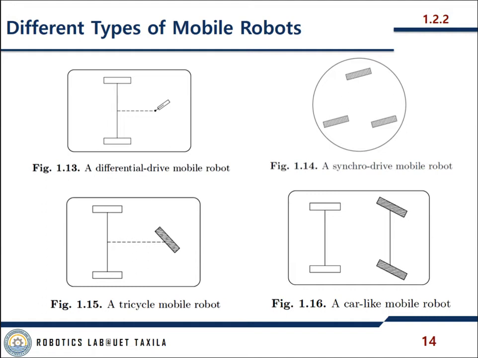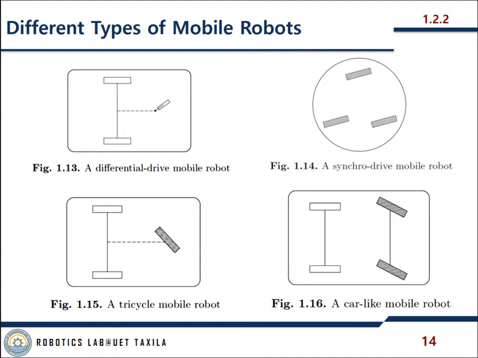Now I'm going to give you the basic different types of mobile robots. In a differential drive vehicle, there are two fixed wheels with a common axis, and one or more caster wheels. This one is going to be the caster wheel, typically smaller, whose function is to keep the robot statically balanced.